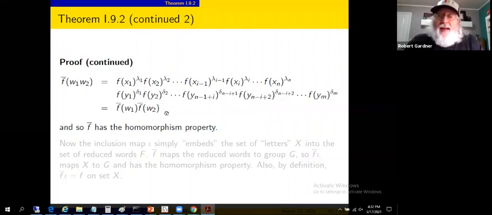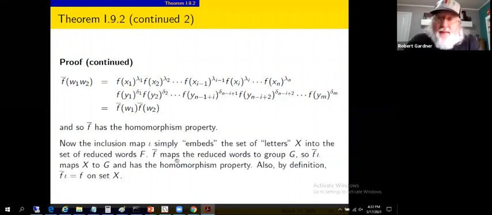So the f bar mapping simply took a reduced word and associated it with f values, f being that mapping into group G that was given in the hypotheses. So f bar of W1, W2 equals f bar of W1, f bar of W2. It's a homomorphism.